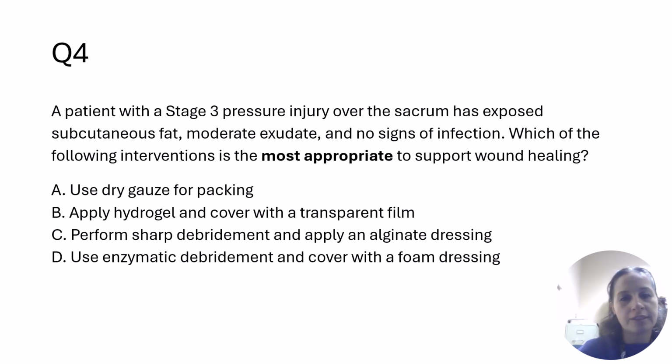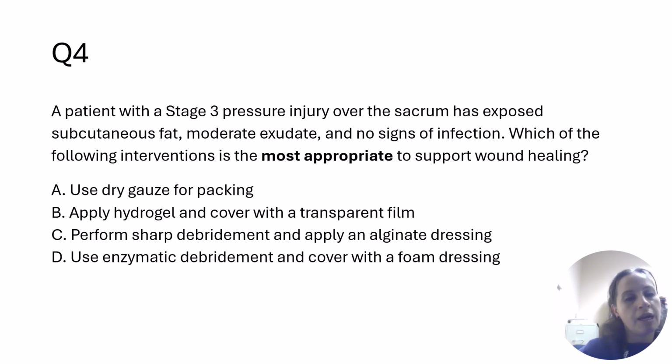It doesn't really tell you that it's a granulating wound, but we can assume so because, again, no signs of infection. Sounds like a deep but nice wound. So we don't want to mess things up by doing the dry gauze and ripping stuff off, okay? So I wouldn't choose A.